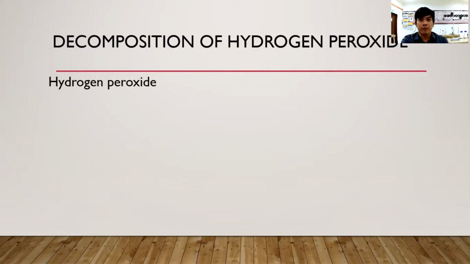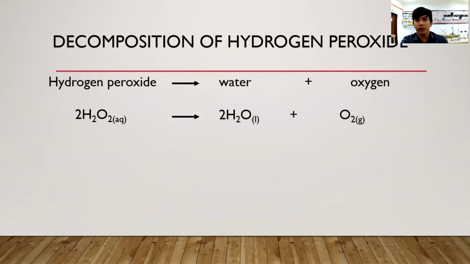So in this case, hydrogen peroxide decomposes to water plus oxygen. We have the hydrogen peroxide, and then we created water and oxygen. So in chemical formula, it is 2 moles of H2O2, or hydrogen peroxide, producing H2O and oxygen.